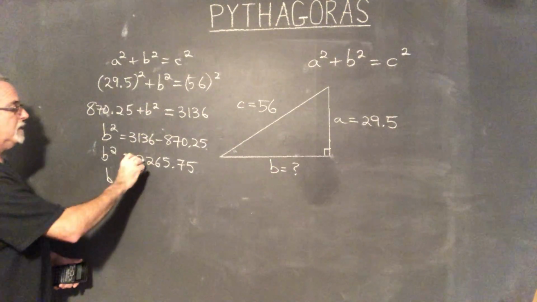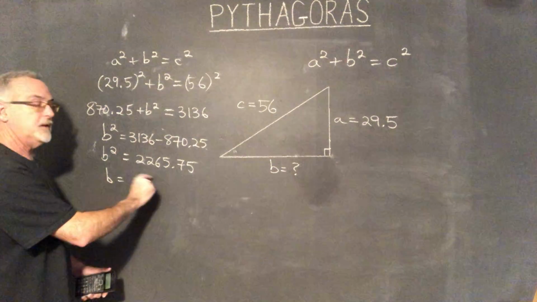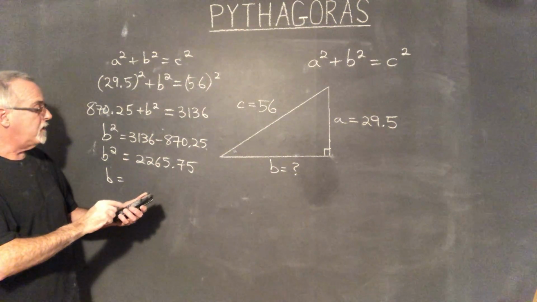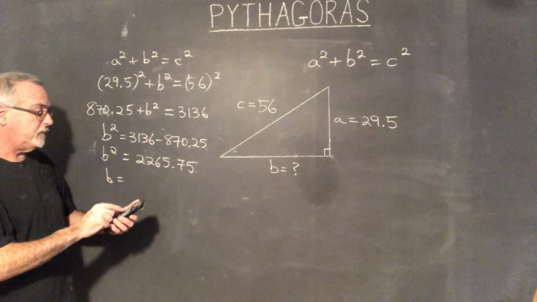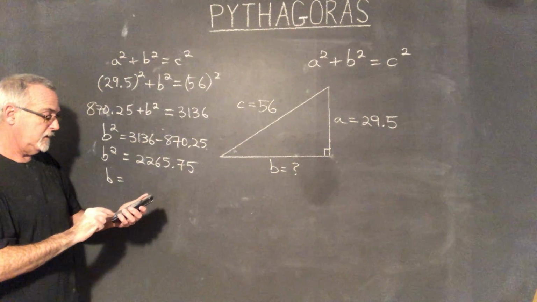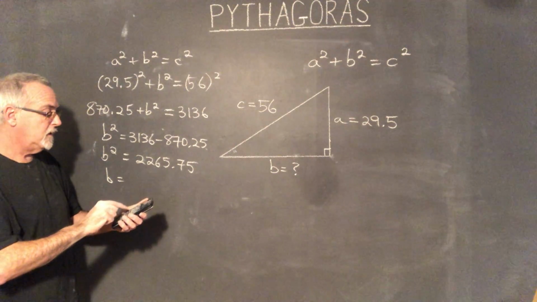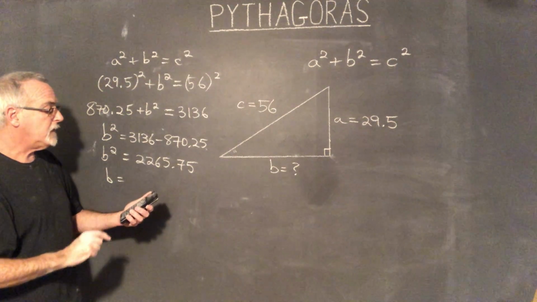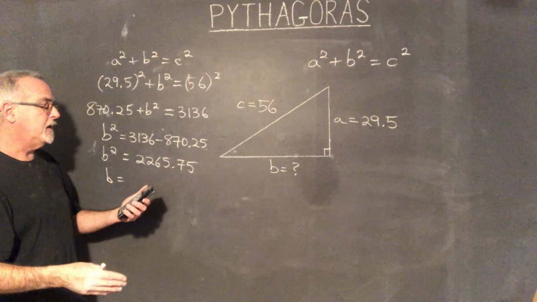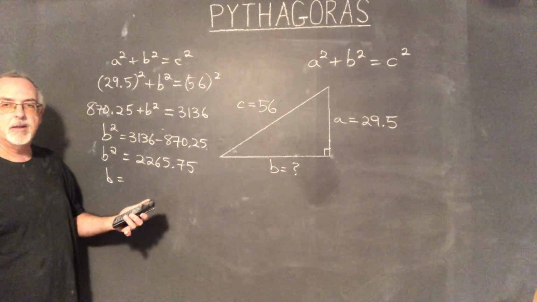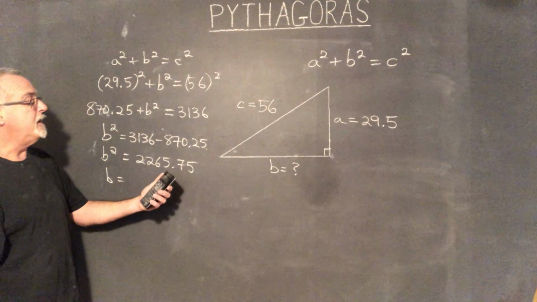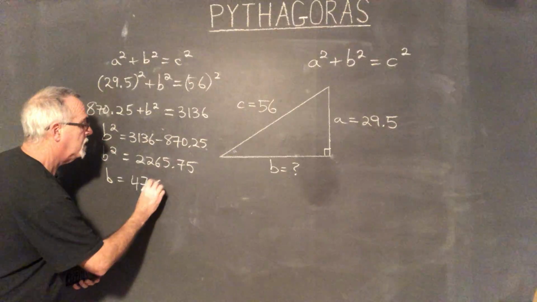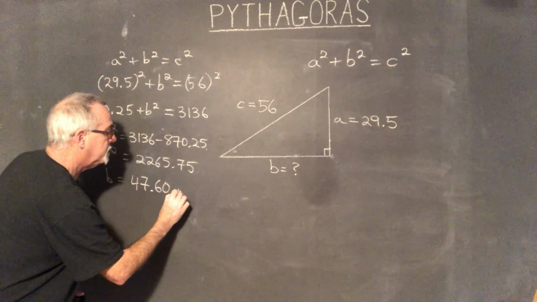B is going to be equal to the square root of that. Oh, I'm not showing B equals square root of the number. I'm skipping that step, but don't skip too many steps. Square root of 2,265.75 is 47.59989, and if I want to keep rounding to the nearest hundredth, which is what I've been doing so far, that means it's going to be 47.60 units.